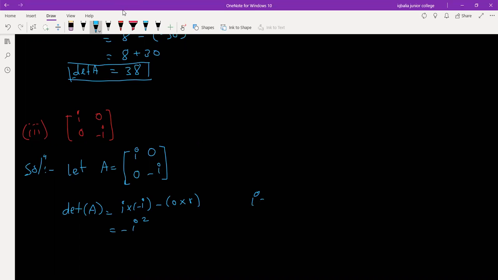I know i square is nothing but minus 1. i is an imaginary number. Whenever i square is there, that means i square is equal to minus 1. So minus i square is nothing but 1. Minus minus will become positive. So determinant A will be 1.